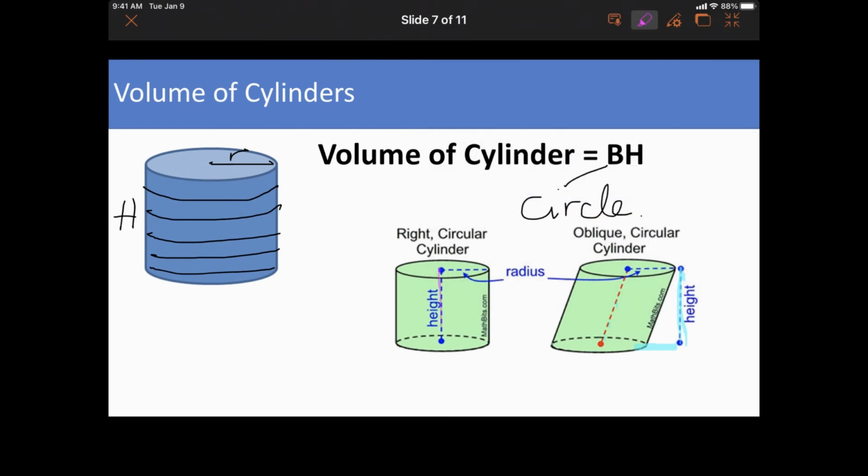But here you can see the height is the same as the axis for a right cylinder. So the formula again is the same for both. It's really just the same formula as a prism, just the base is a circle.